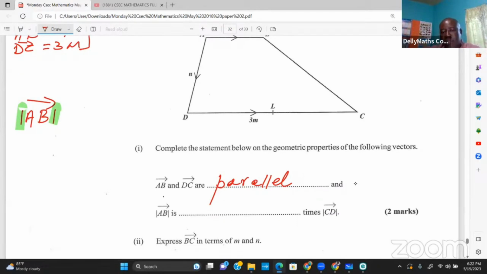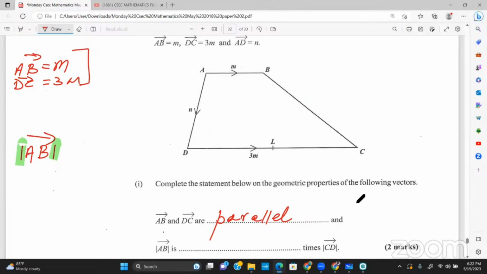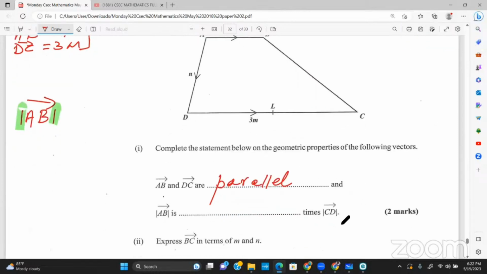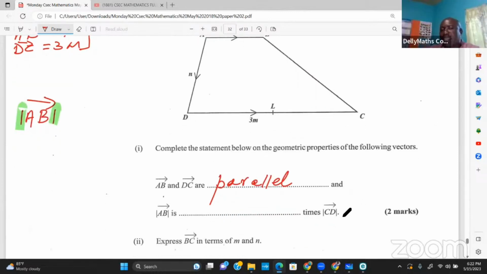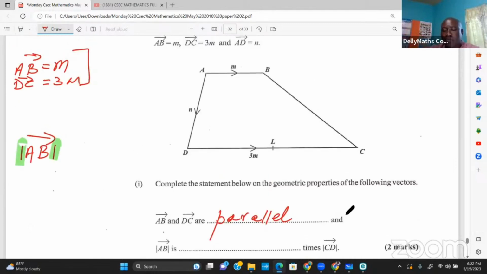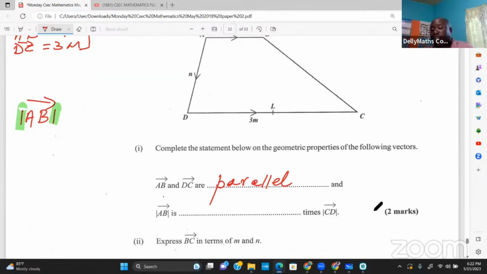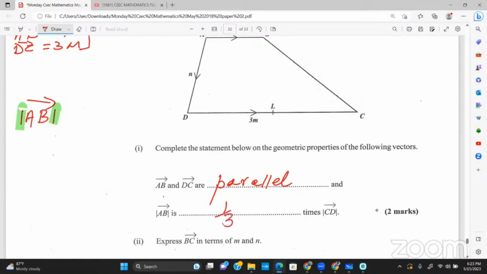DC is bigger. How many times bigger? 3 times bigger. But how they put the question, you can't put 3 for the answer, because they said the length of AB is dash times the length of DC. So if you put 3, you're telling me that the other one is 9. So you have to put 1/3. Be careful, be careful.